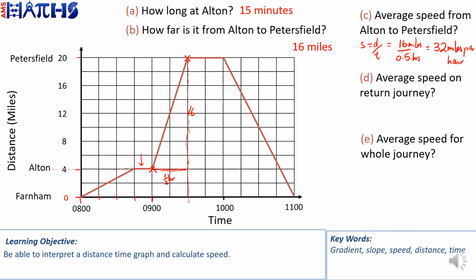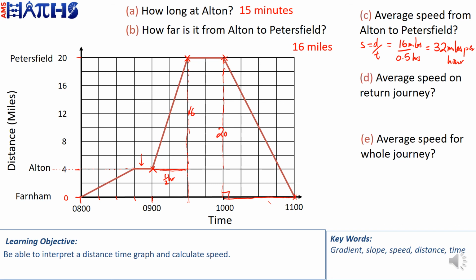For D, it says the average speed on the return journey. So here's the return journey. That's Petersfield back to Farnham. So we need this right angled triangle between Petersfield and Farnham. We need the height of that triangle, and that's 20 miles.